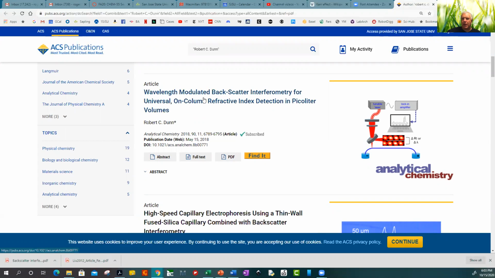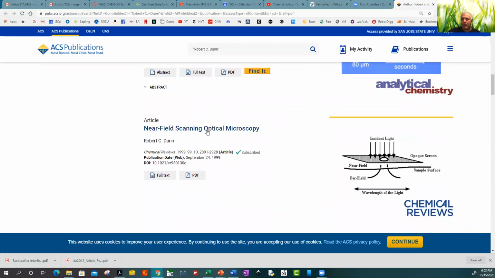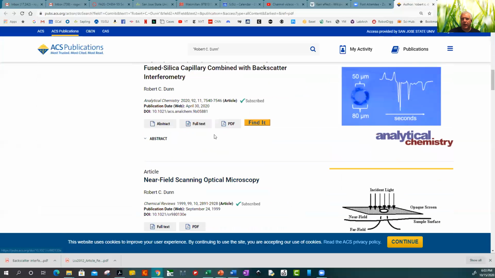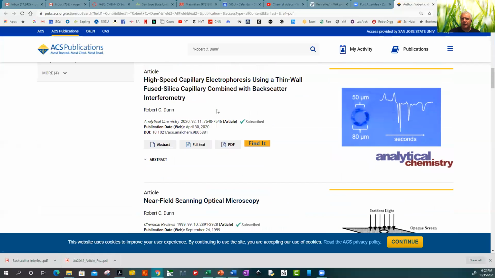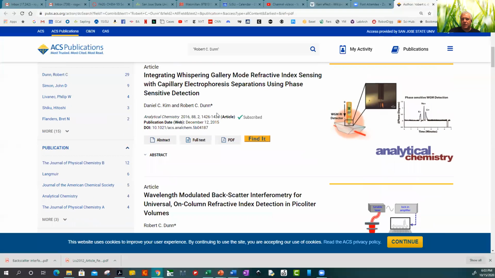And then I've got this paper for us to look at, the one we've got now. Near-field scanning optical microscopy is a kind of weird thing, actually. It was big in the 90s, but it has sort of gone away. People are like, it's a lot of work to get what you get. So let's see here.